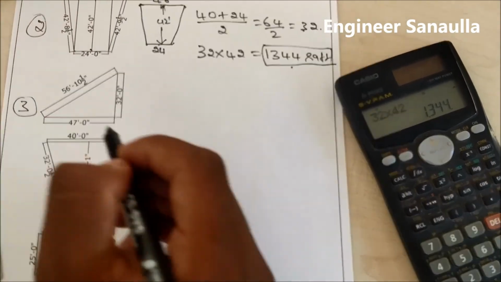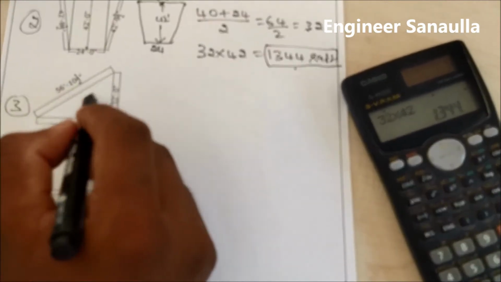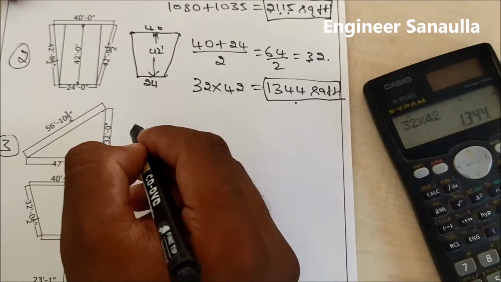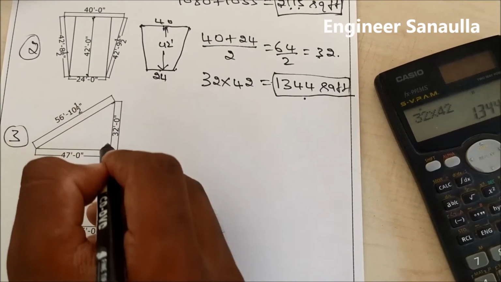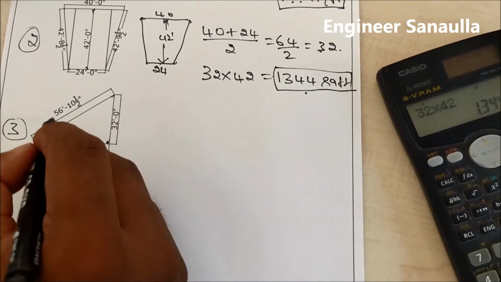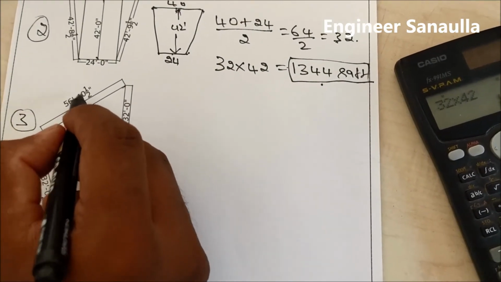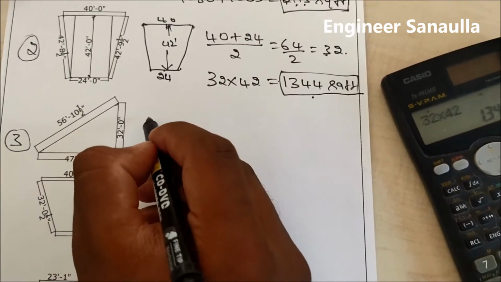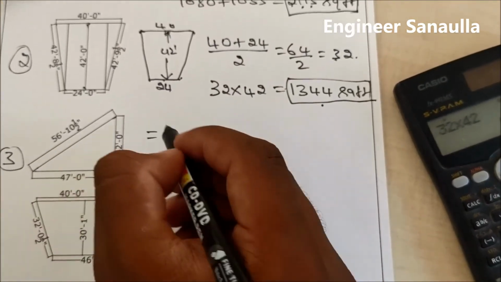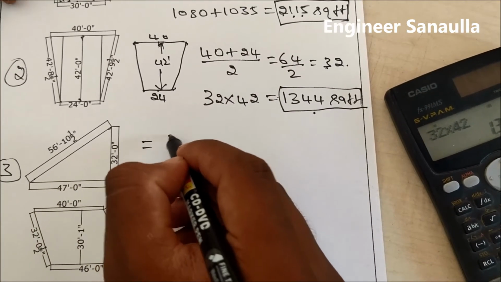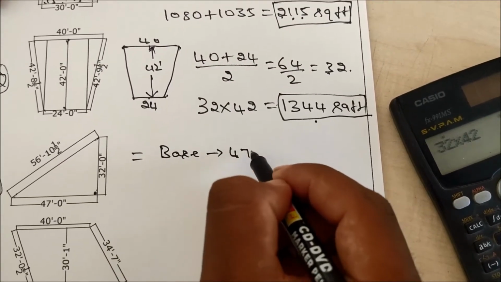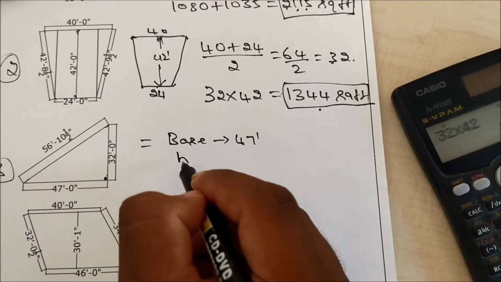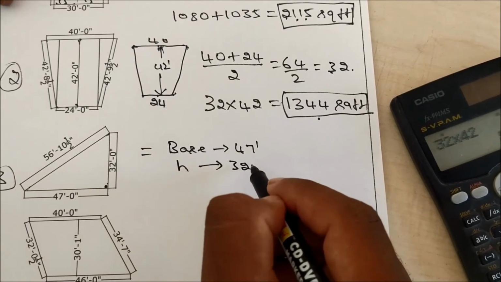Here we can easily calculate. It looks like a triangle. Here the length is 47 feet, here is 32 feet, and the inclined length is 46 feet 10.5 inches. Here the base is 47 feet and the height is 32 feet.